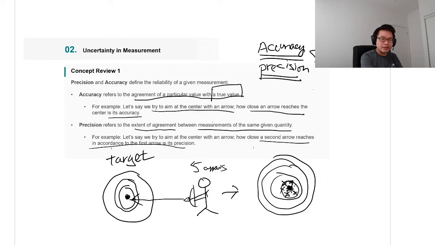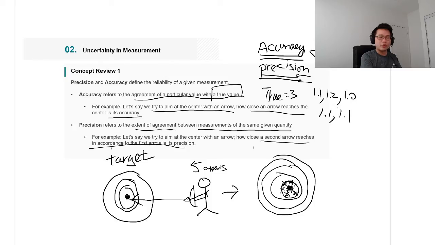From this tight grouping, I can say that my shots are precise. In other words, precision is about how far your measurements are apart from each other. For example, the true value is 3, and your measurements are 1.1, 1.2, 1.0, 1.1, 1.1.